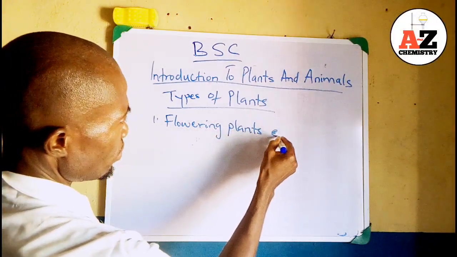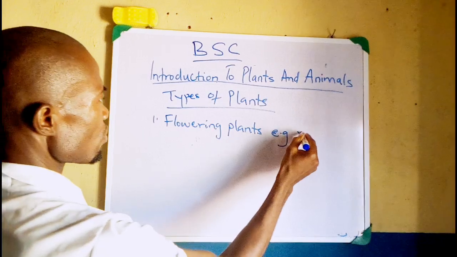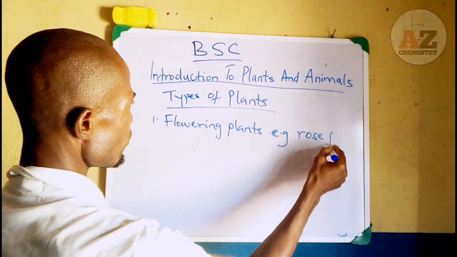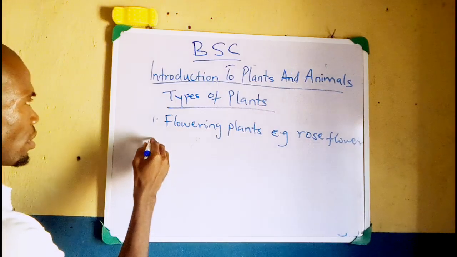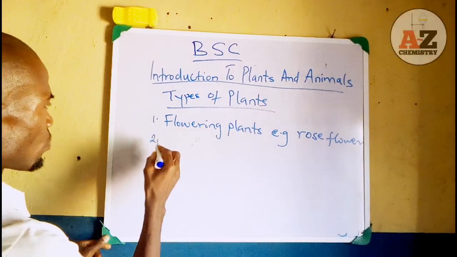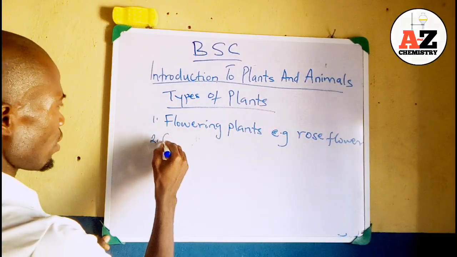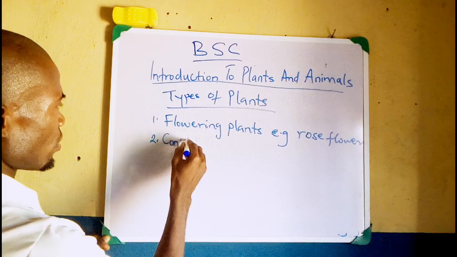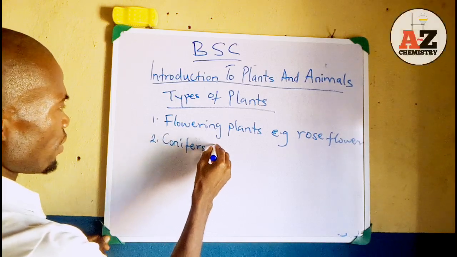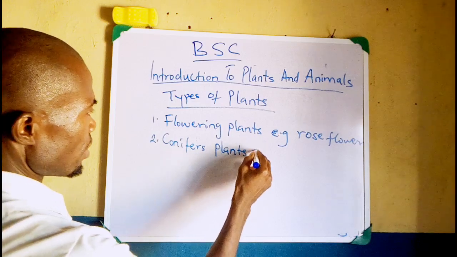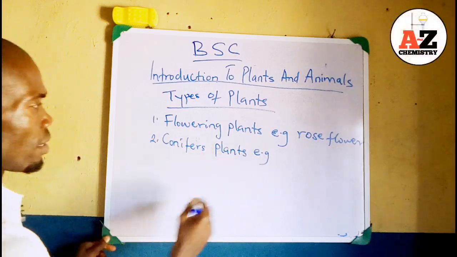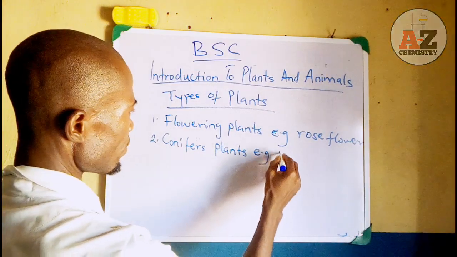An example is rose flower. The second type of plant we'll have is conifers plants. An example is pine.